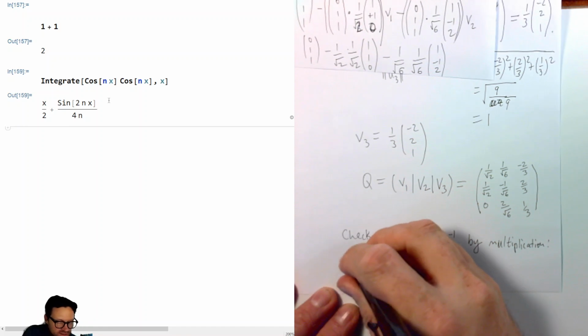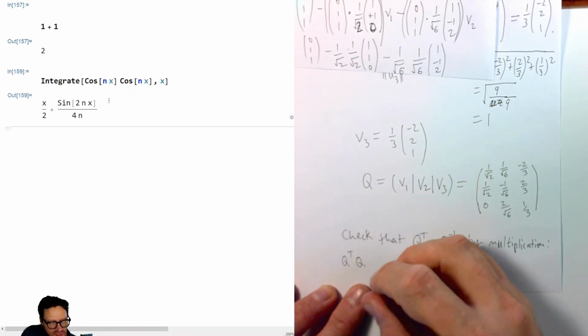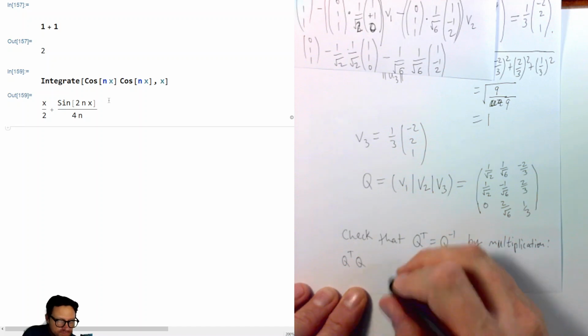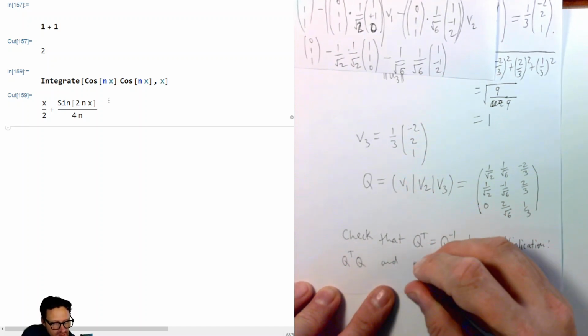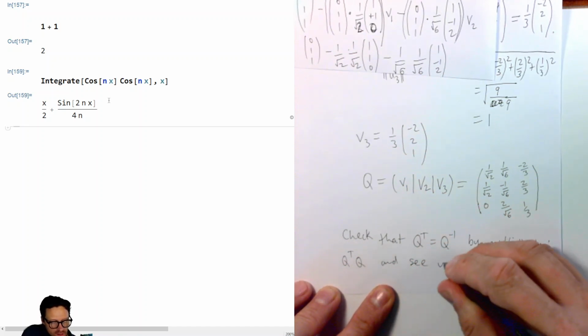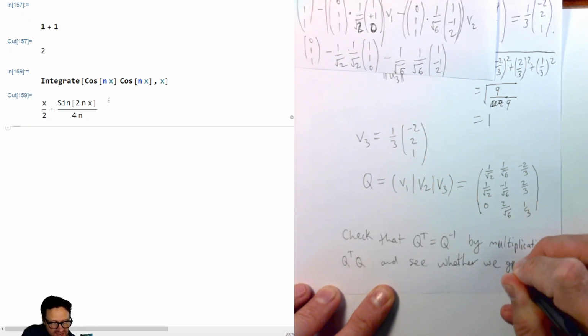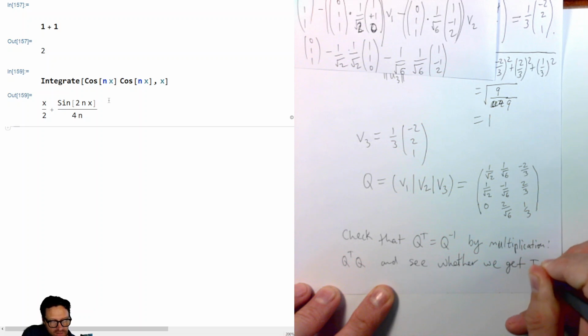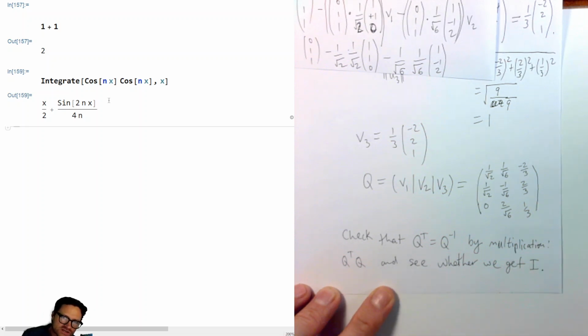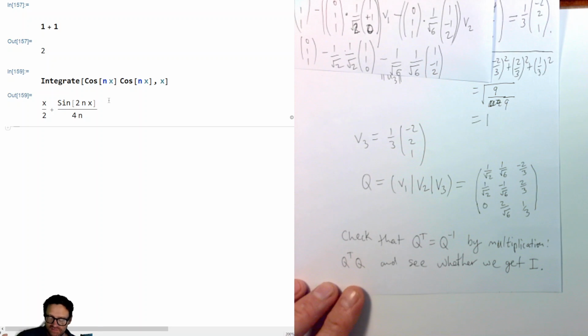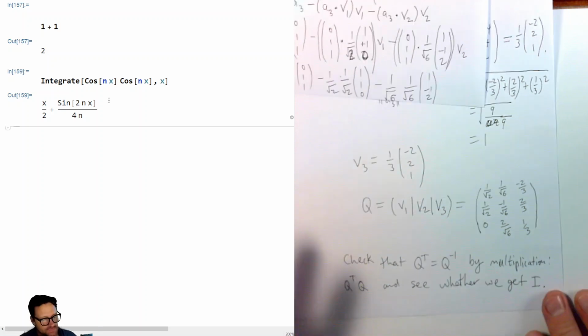So you would calculate Q transpose times Q and hope to get the identity. So see whether we get I. If we've done the calculation correctly, then we'll get I. If we have not, then we will not get I.